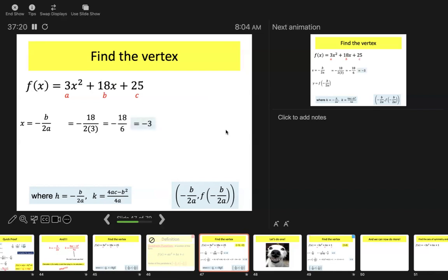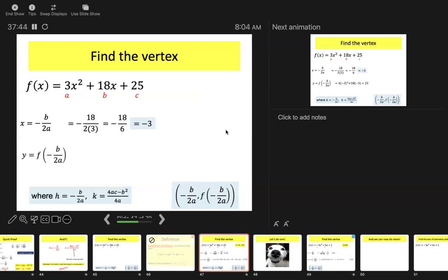For those who remember, that's what we got in vertex form. And I said we could use this formula for k, or we can take the -3 and plug it back in. -3 squared is 9, times 3 is 27. Then 18 times -3 is -54, so minus 54 plus 25.